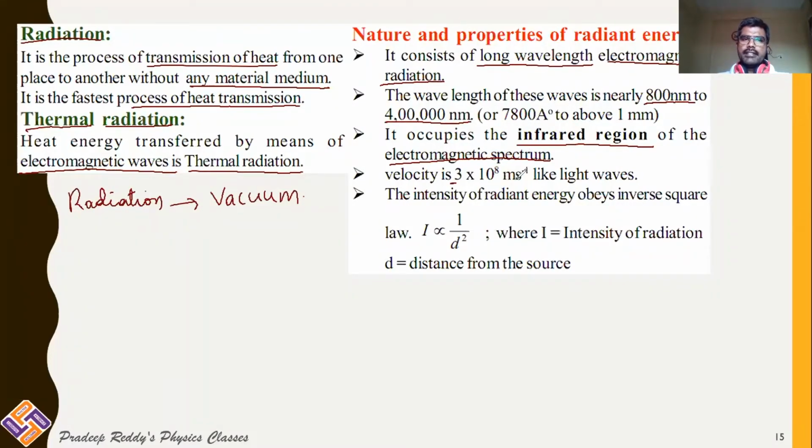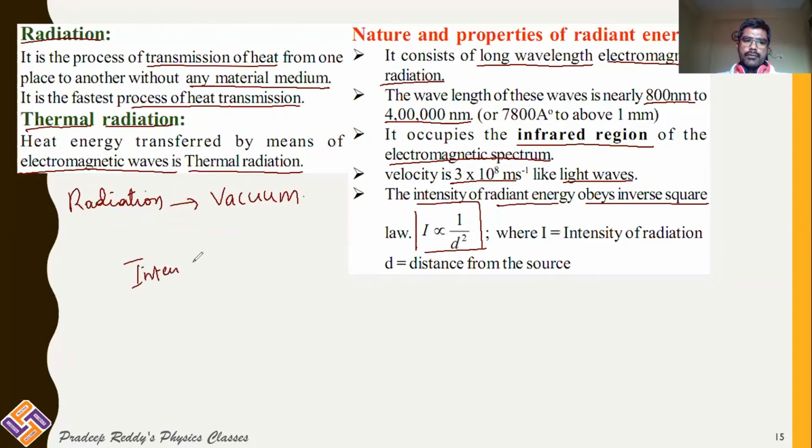Velocity of thermal radiations is 3 into 10 power 8 meter per second, equal to the velocity of light. All electromagnetic waves travel with the same velocity. The intensity of radiant energy absorbed obeys the inverse square law.